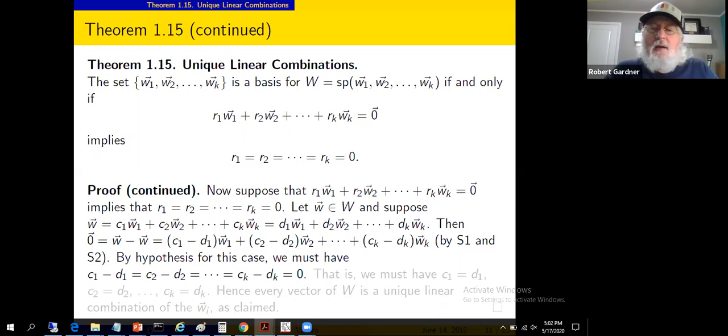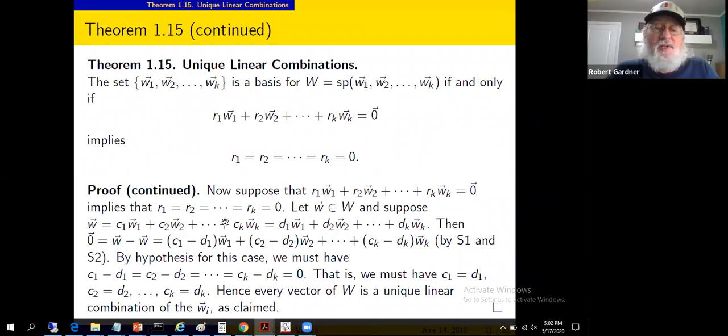Hey, that's a linear combination of W sub 1 through W sub k, and that linear combination gives you the 0 vector. This time, we're assuming the only time that can happen is when all of those coefficients are 0. So C1 minus D1 must equal 0, C2 minus D2 must equal 0, and so forth. Well, that means C1 equals D1, C2 equals D2, and so forth.